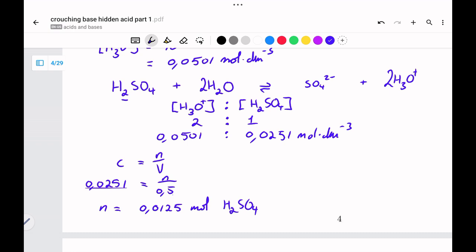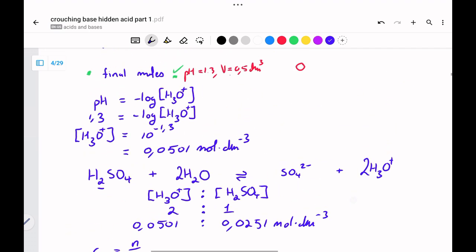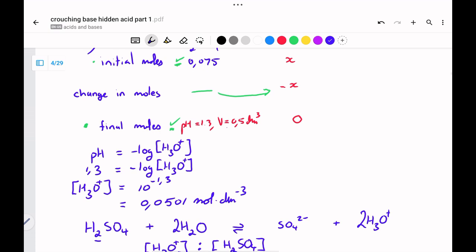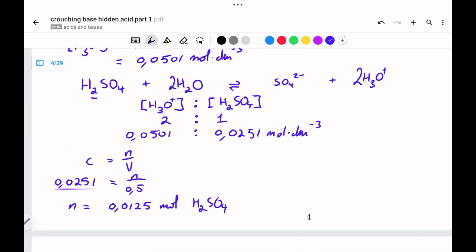Okay, so I have my number of moles now for the acid in the final case. So let me write this in. 0.0125.